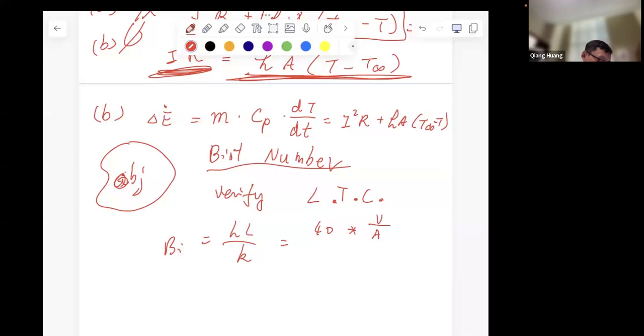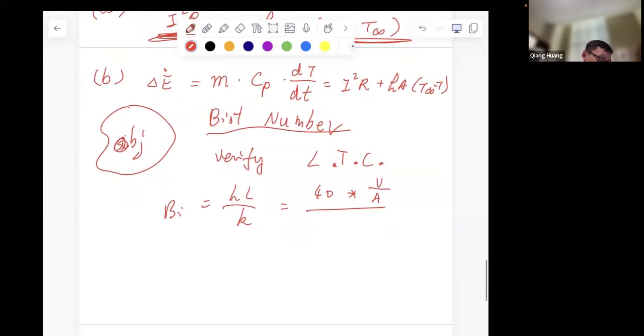For cylindrical objects, the volume is the cross-sectional area, pi divided by 4 times the diameter squared, and then times the length. That's the volume. And then the area is the circumference of a circle, which is pi d times the length of the cylinder.